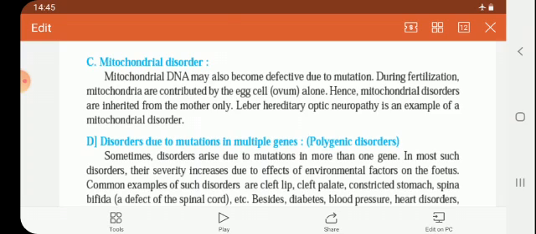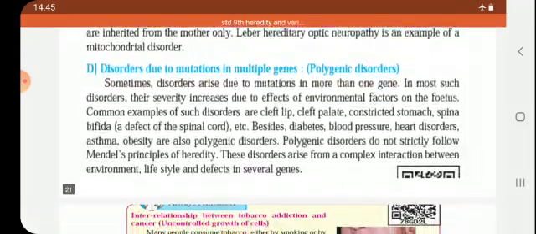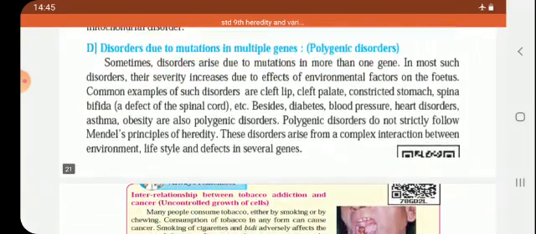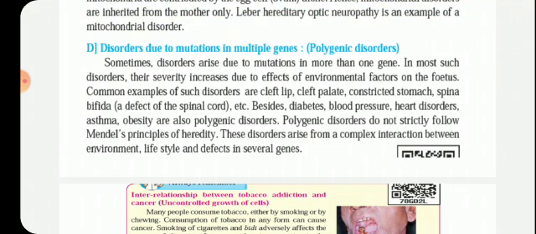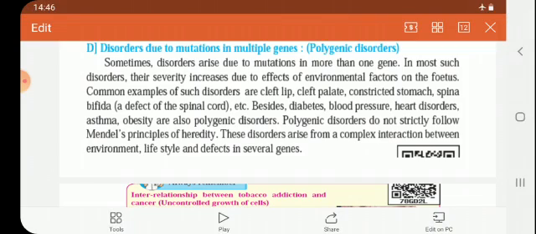Now come to the next disorder due to mutation in multiple genes, that is polygeny. Earlier we had studied that the size of one gene changes, but here multiple genes are involved. Disorders that arise due to mutation in more than one gene are called polygenic disorders.